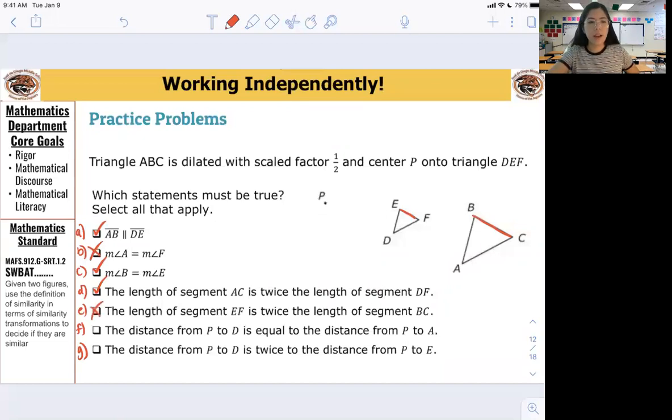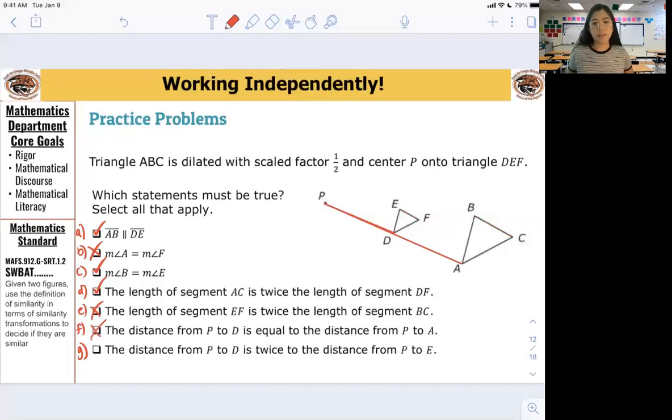F. The distance from P to D is equal to the distance from P to A. Definitely false. But how about this one?